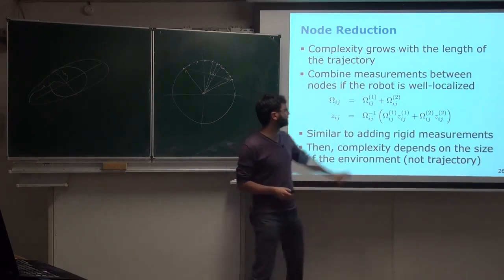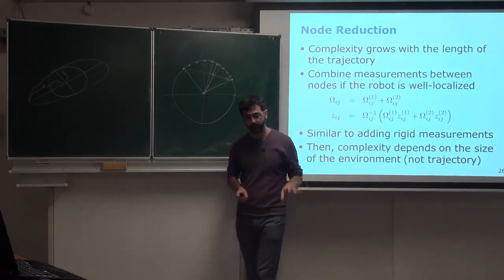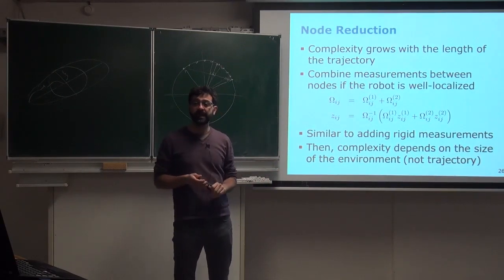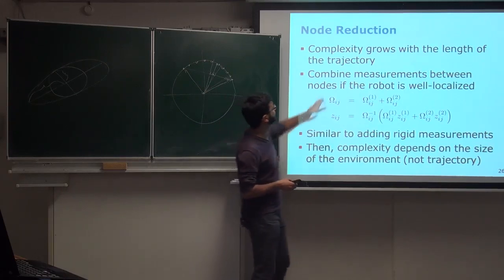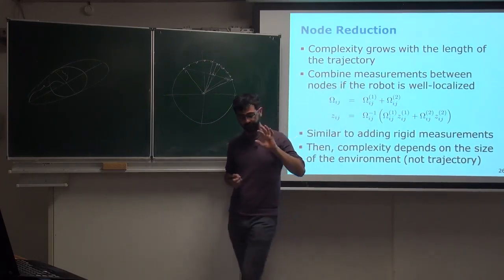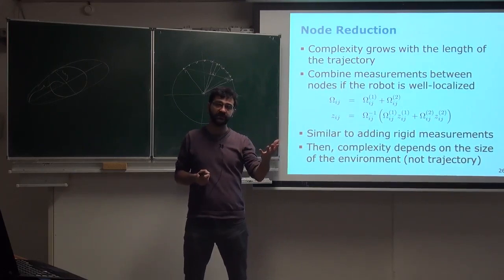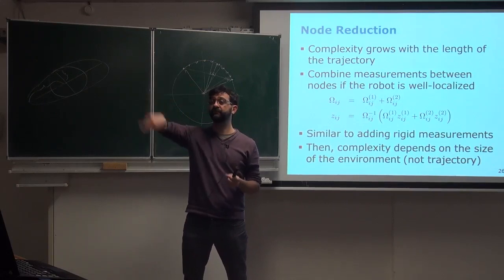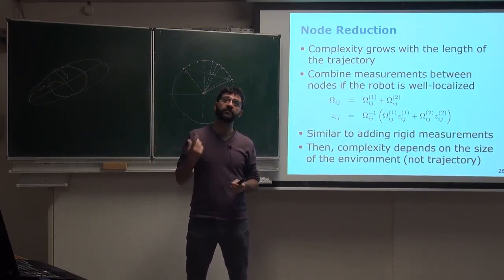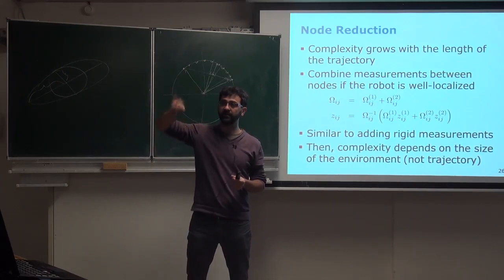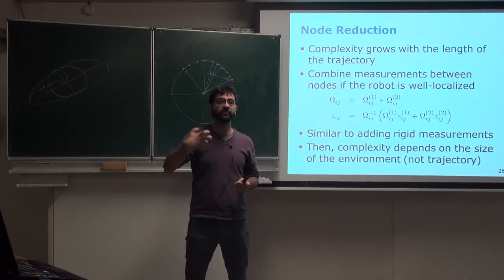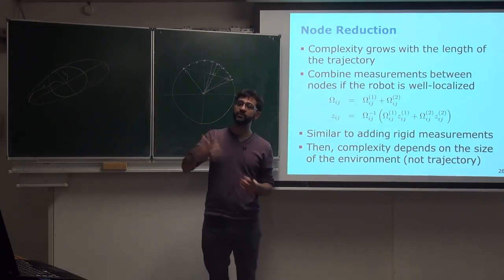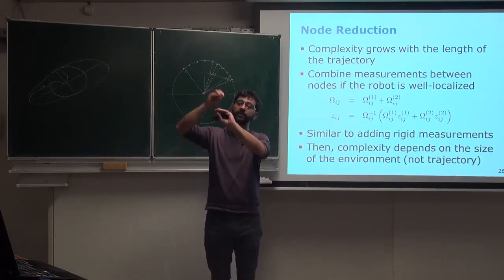You can also do better, so you can also include some node reduction step that was done in the original work on Toro. The reason is that the whole complexity grows with the number of nodes and the number of measurements. And the more you are looping, the more you're going around a certain environment, you are adding a lot of nodes and a lot of measurements, but in terms of information content, these new nodes do not bring you much, because they will be snapshots of the environment very similar to other snapshots of the environment.